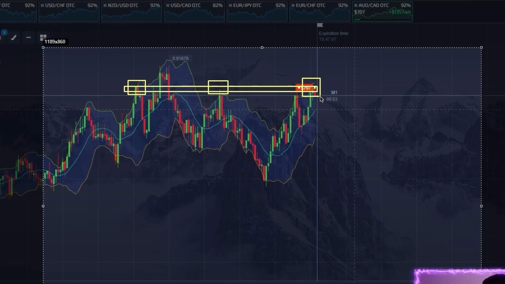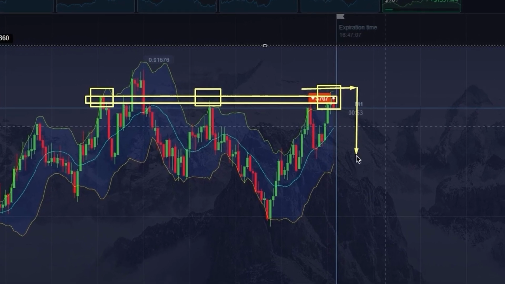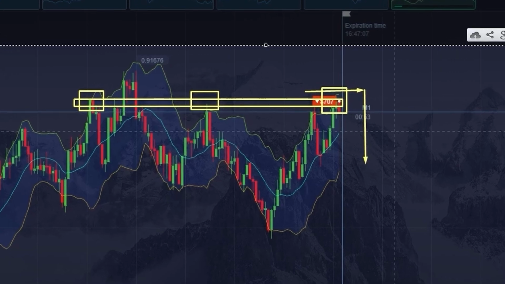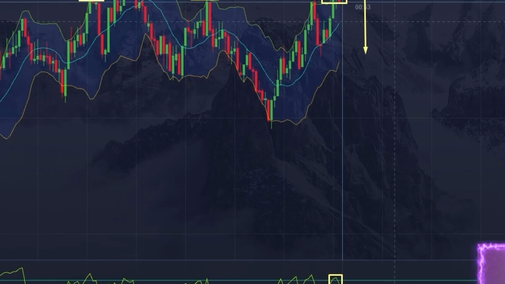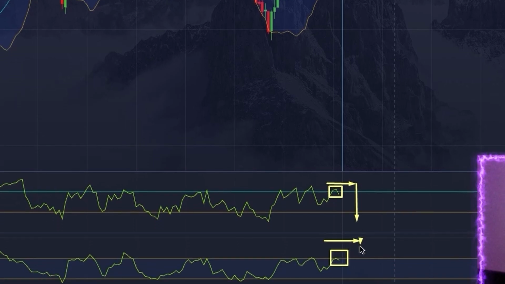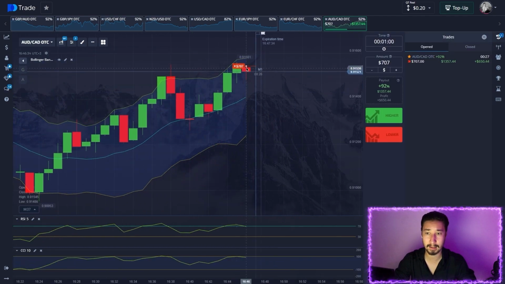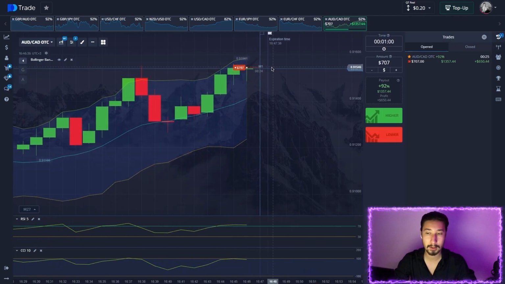The third point of contact occurs, touching the upper band of our channel indicator, the dynamics of the downward movement, and also leaving the overbought area. Everything is absolutely the same. We have already opened 4 or 5 transactions in exactly the same way. So let's watch the result of the transaction, right?